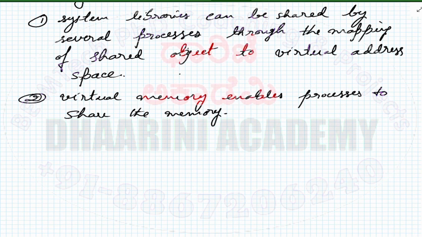One process creates a variable, and that value of the variable should be passed to another process, let's say. In that case, the shared memory comes into the picture. Also, the virtual memory allows one process to create a specific region of memory that can be shared with multiple processes.